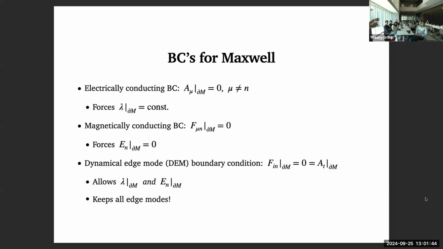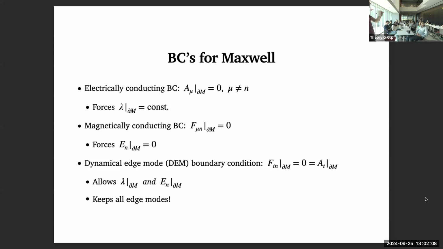And it sets the time component of the gauge field to 0, but you don't end up losing much from that because it's already possible to impose temporal gauge, which is to say, you already could have gauged that away. So setting it to 0 as part of the boundary condition, you're not actually losing any degrees of freedom.